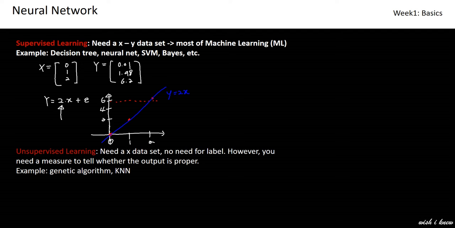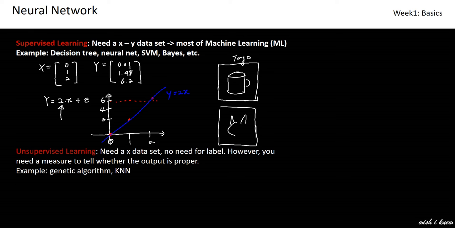That's the basic regression problem, and the traditional way of regression algorithm will work as well as the neural network. However, when it comes to data like images, say you have an image of a cup, and that is your image 0, and you have another image, say a cat, and that is your image 1.